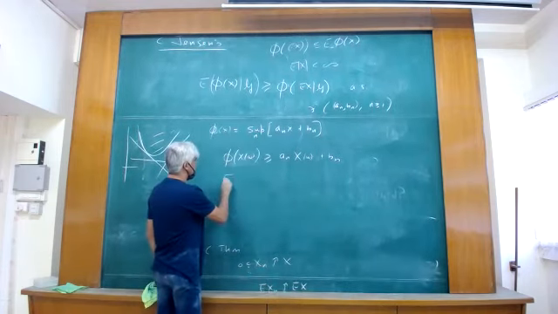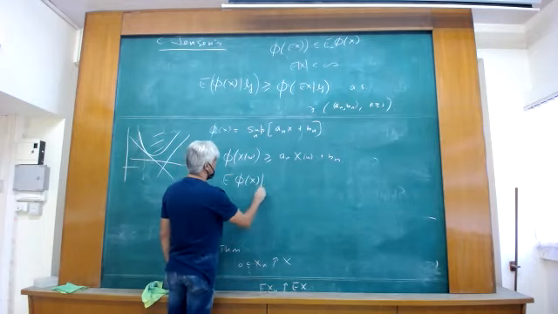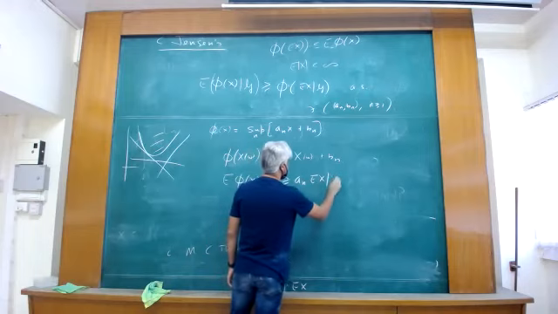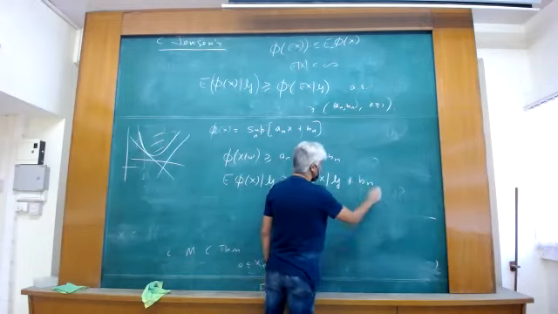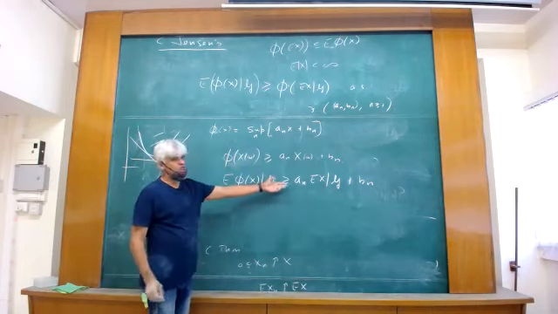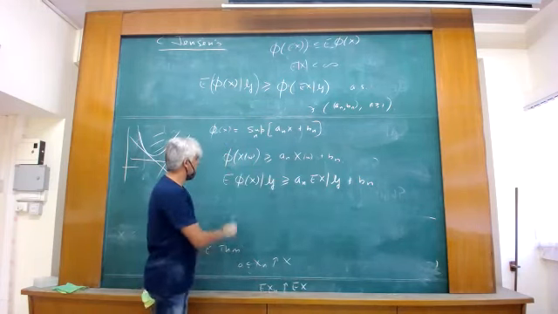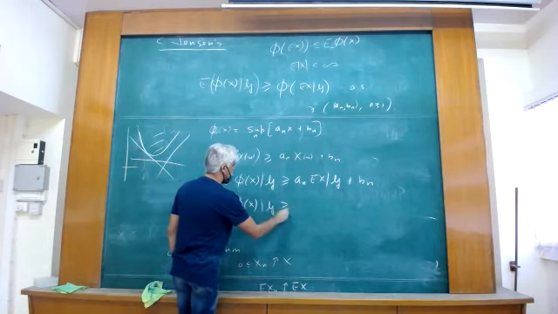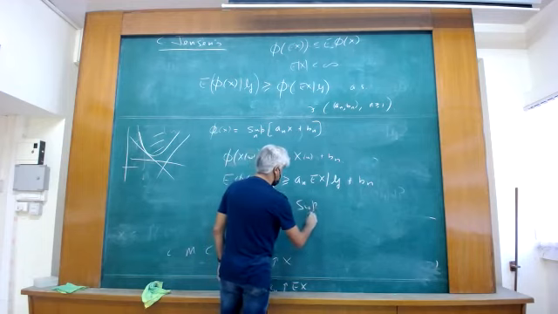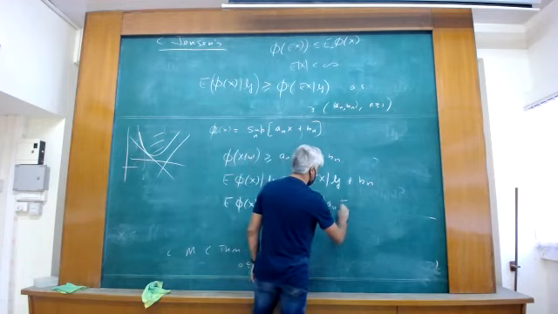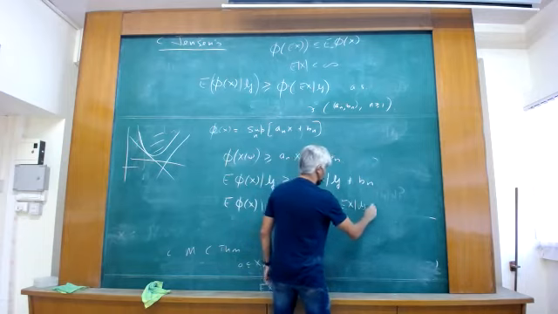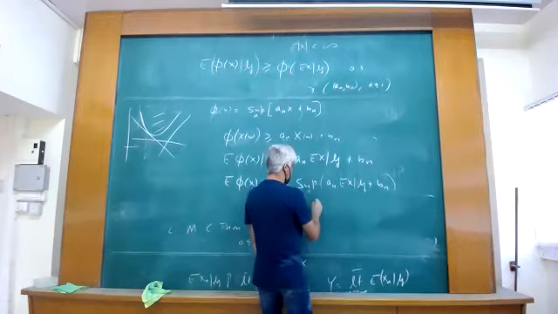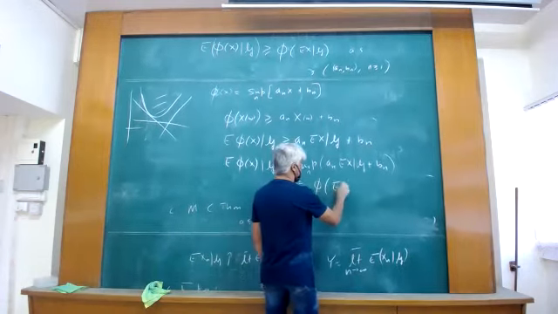So now we take conditional expectation, and now we just take the supremum from that side, right? And that's exactly equal to phi of the conditional expectation of X.